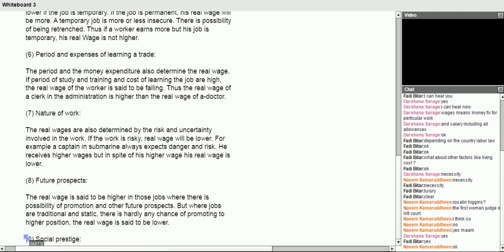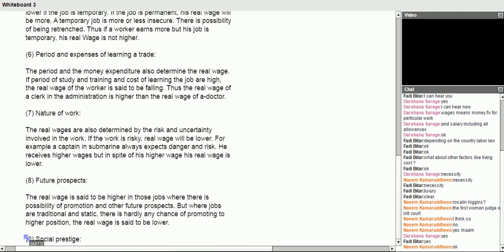So pilots, those who are in the navy, those who are in the army, for them the real wage is always less. This is the only reason why these classes of people are highly paid. In India, the official airline is Air India, and the salary of Air India pilots is around 2.5 lakh rupees a month.